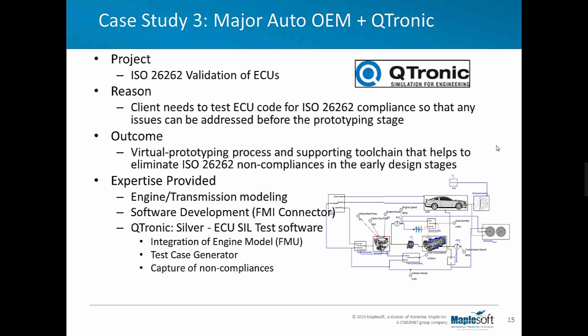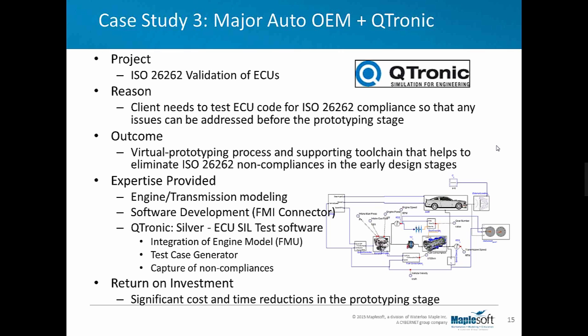The model was created in our environment, MapleSim, including the vehicle, transmission, engine, shifting logic, torque converter and other parts within the powertrain system. The FMI connector was used from Maple to generate the code, and it was integrated in QTronic Silver for the real-time testing, which resulted in significant cost and time reductions in the prototyping stages.